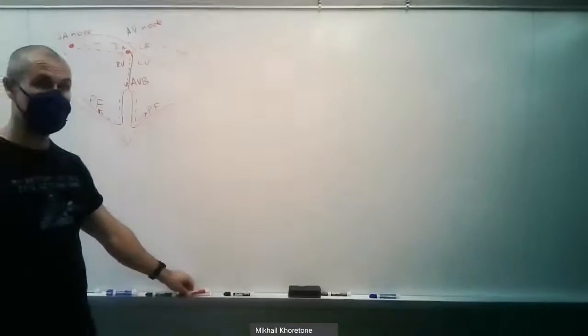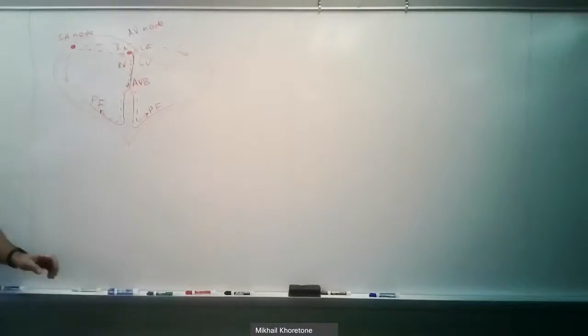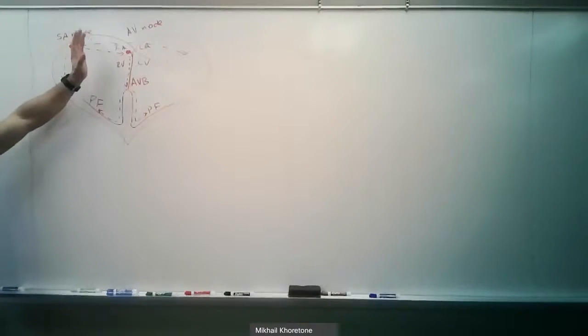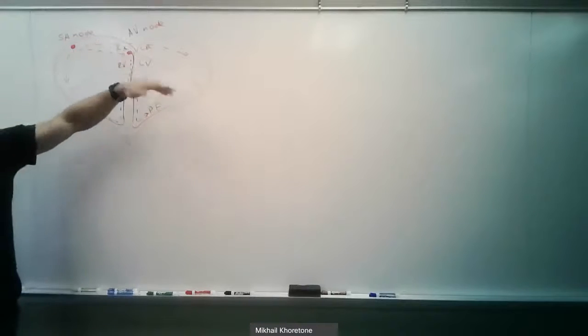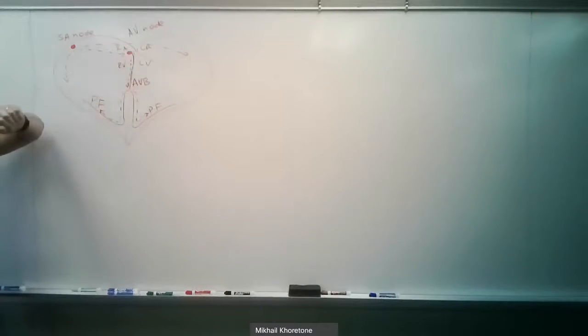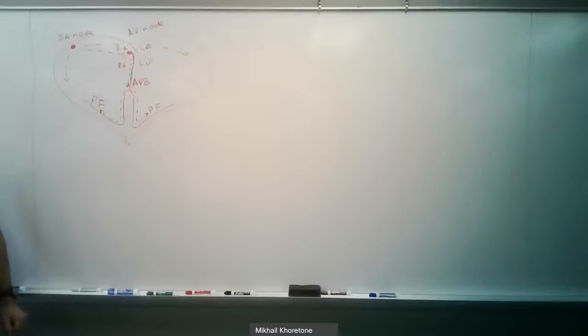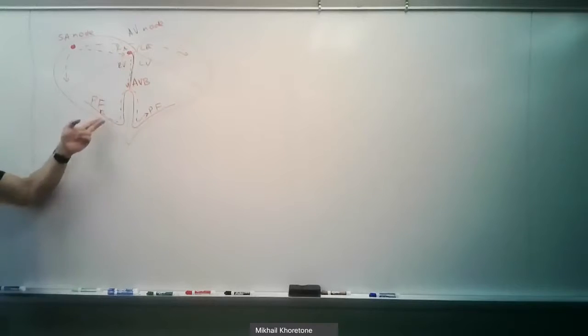Does that make sense? So one more time. The SA node generates the signal, the electrical depolarization wave travels through the atrium, reaches the AV node, then enters the atrioventricular bundle, spreads through the bundle into the Purkinje. Make sense?